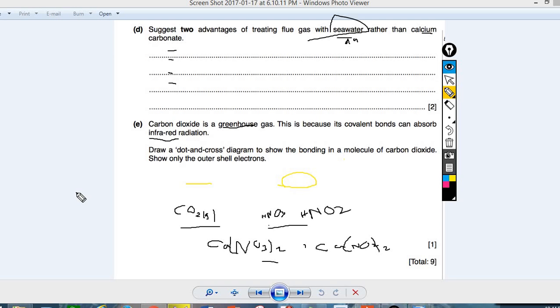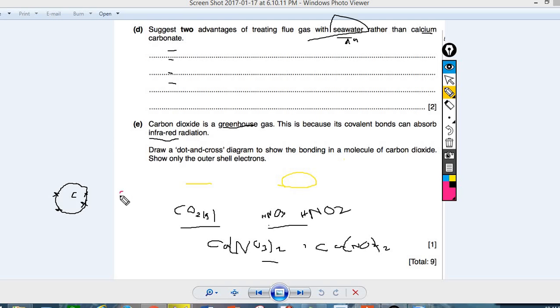Okay, so in the middle you have carbon, which has 4 outer electrons. I'm just going to use crosses here. 4 electrons, so 4 crosses on the carbon. And in carbon dioxide you have 2 oxygens. I'm going to use another color.